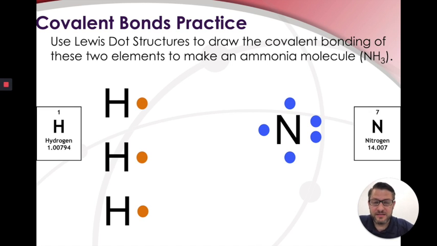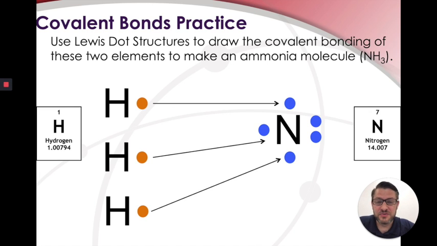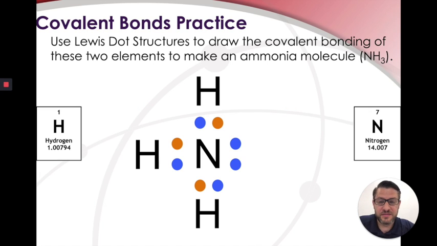So again, what happens next is the hydrogens are going to use their electrons to fill in the empty spaces on nitrogen. And this is going to create a complete octet for nitrogen, and then again create complete pairs for hydrogen. And this creates an ammonia molecule. Again, another simple way that we can represent that is by, instead of drawing out each individual electron, we can simply draw a line to connect those elements.